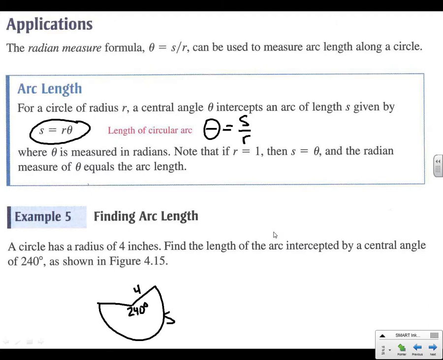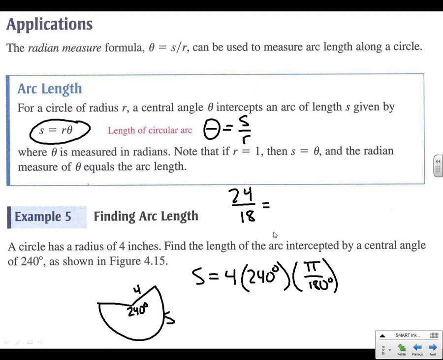Let's find S. All right, so S equals R theta. So we're just going to say S equals R theta, not degrees. So that's the mistake people make. We can't just use 240. We have to turn this into radians. So we have to go pi over 180 degrees. Degrees will cancel. 240 over 180. Let's reduce it down. We can divide those both by 60.